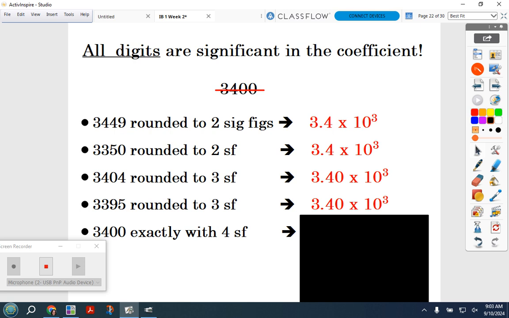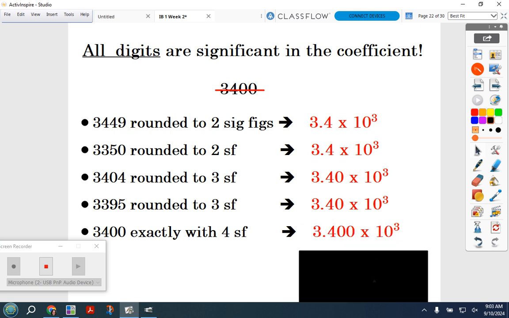Okay? So because trailing zeros after the decimal place are significant, this is how we handle this quandary. All right? If I actually do have 3,400 exactly, but I only have 4 sig figs and I can't stick a decimal point in there, I can write it in scientific notation and show that I have 4 total sig figs. Okay? So that's one of the helpful uses of scientific notation.